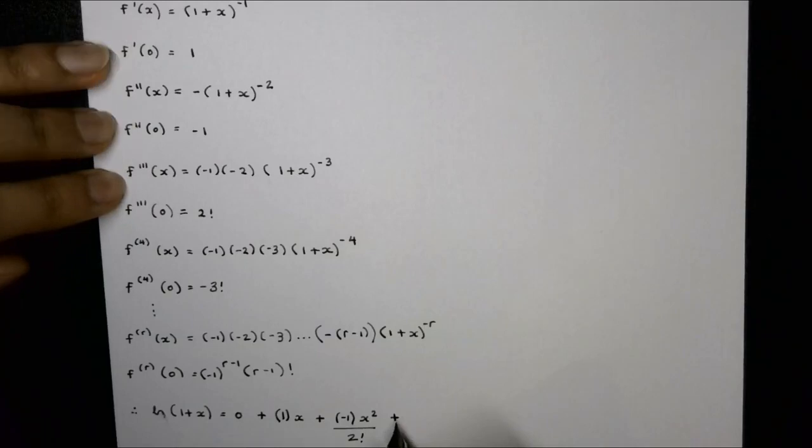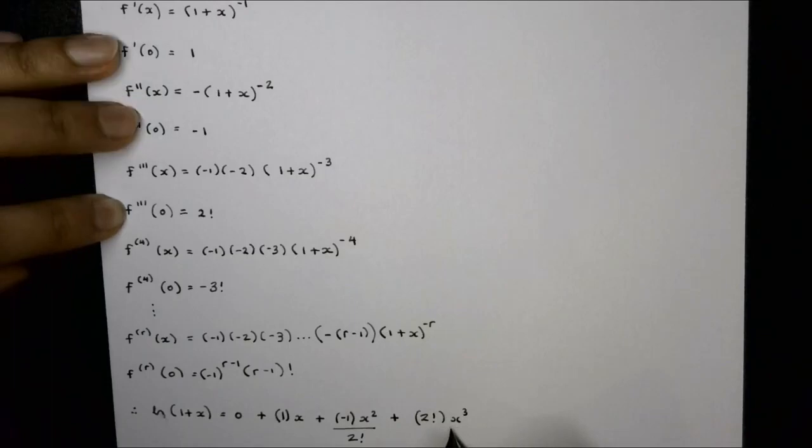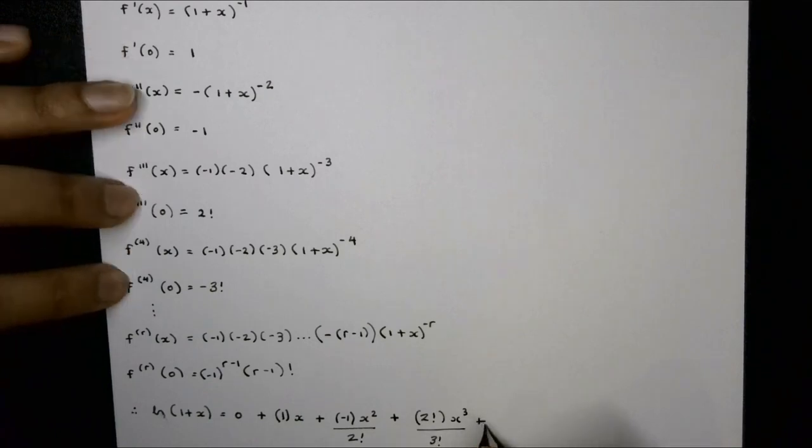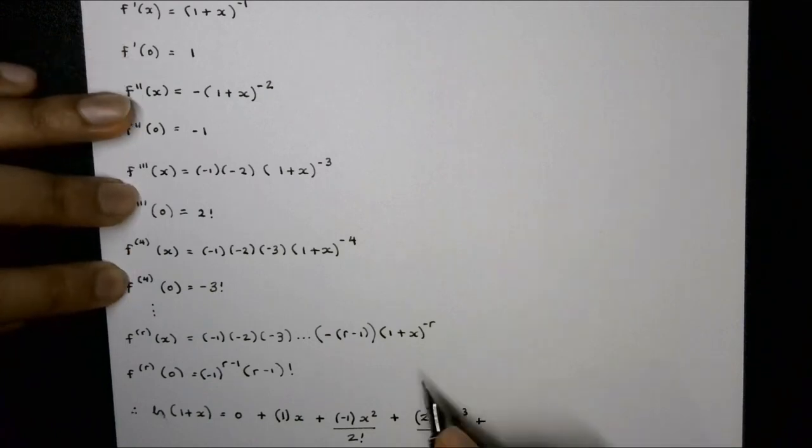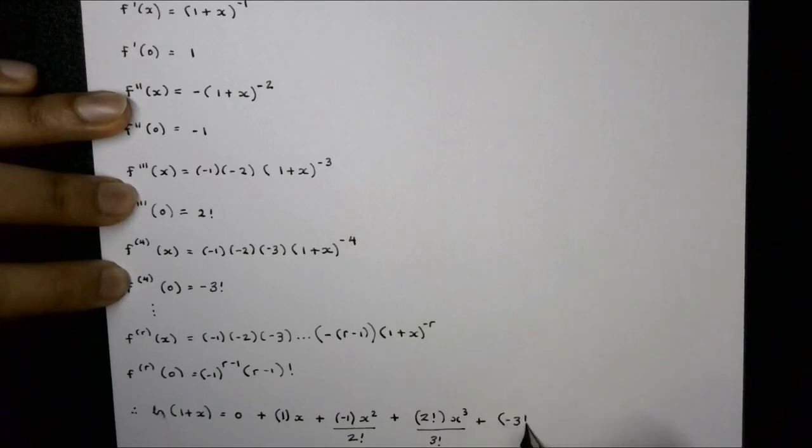For the next term, you can see over here, we've got the first derivative, second derivative, so third derivative. This is 2 factorial. We then times this by x cubed, and then we divide this by 3 factorial. And then for the fourth derivative, you'd found we get minus 3 factorial.